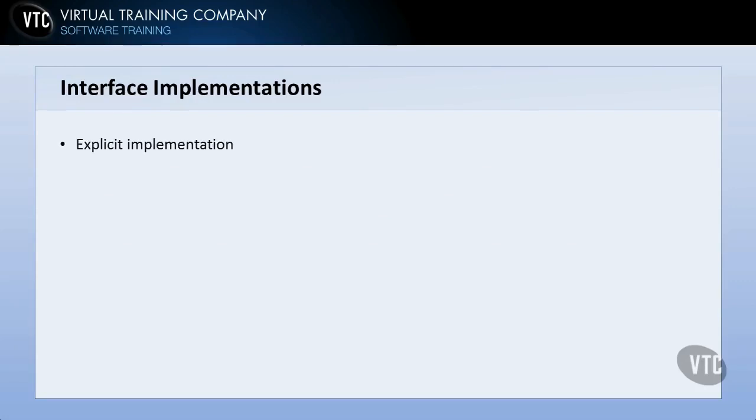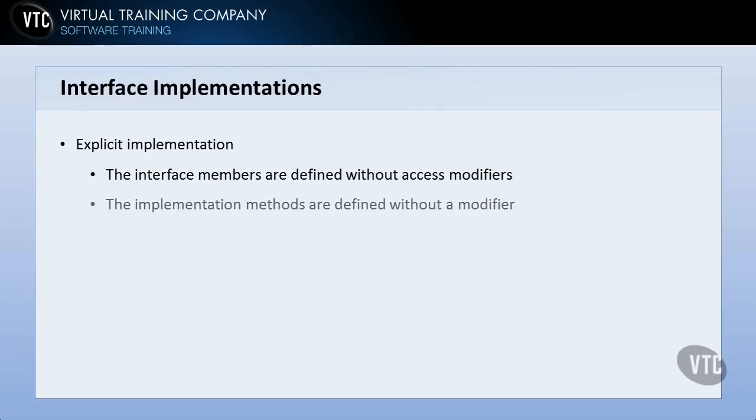But explicit implementation is a little different. The interface members are once again defined without access modifiers. However, when we define the implementation method in our class, it also is defined without a modifier. In effect, by default, it's private, which means it's not going to show up to us as one of the methods available from outside on that object.